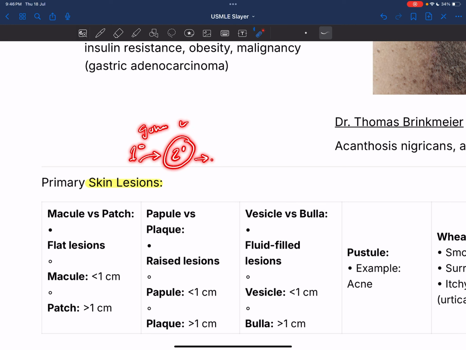If you can understand that, it makes everything easier. Primary is really not as pathological. Of course, it's associated with many pathologies, but secondary is more pathological, and it is an affected primary skin lesion that has gone wrong, okay?